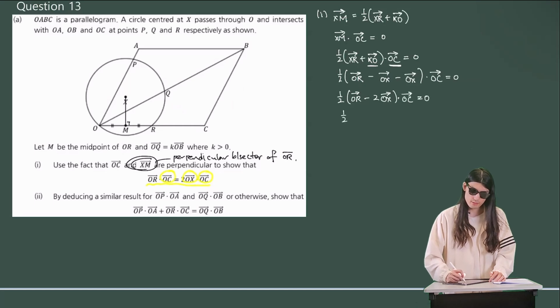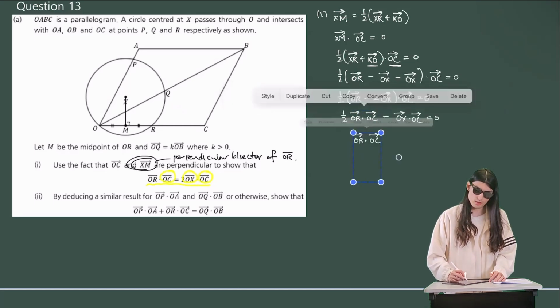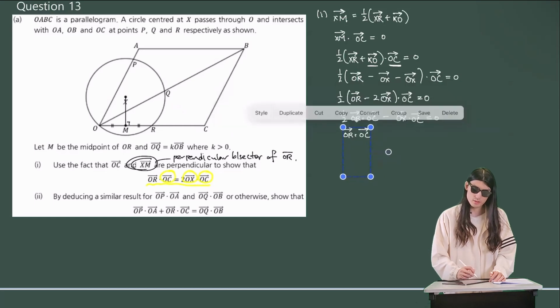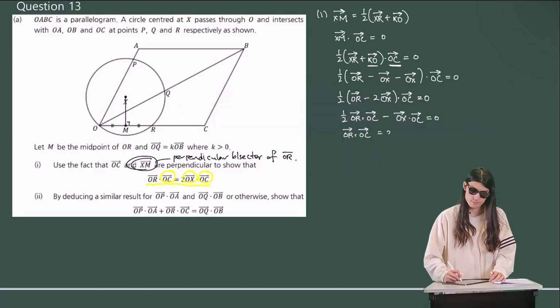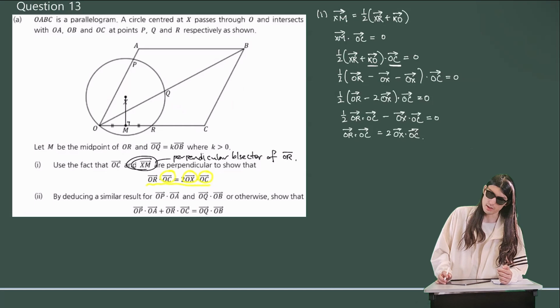And if you expand it out, you get that, which if you make OR dot OC the subject, you get the expression that is required by the question in part I.